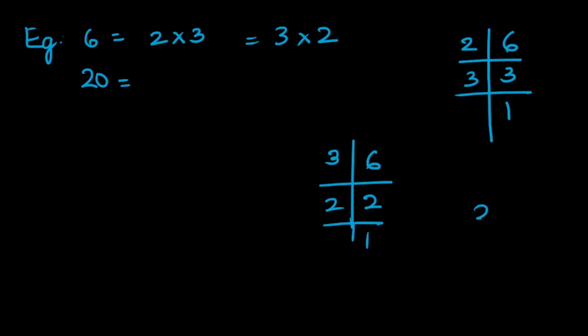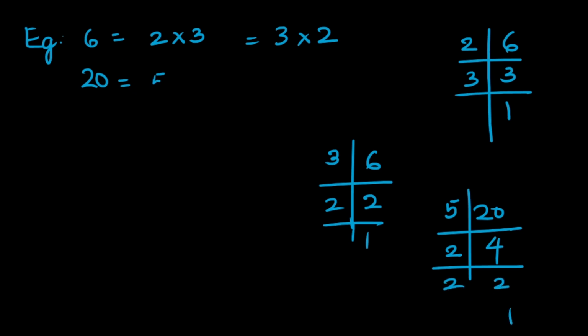So if you take 20 here, I'll first do the prime factorization with 5. I'll get 5 4s are 20, so 4 I'll get here. Then 4, if I do it with 2 again, then I'll get 2 here again, then 2 1. So I'll get 5 into 2 into 2, right?